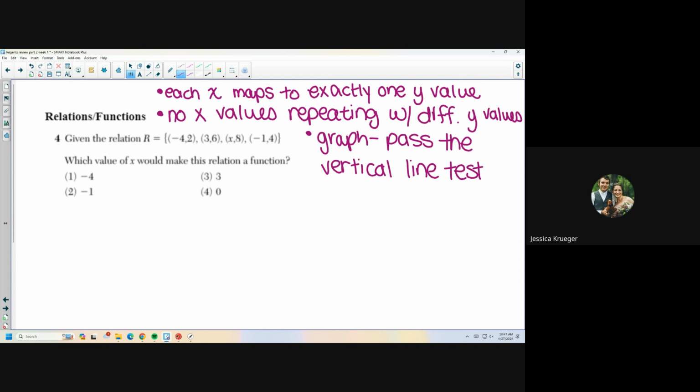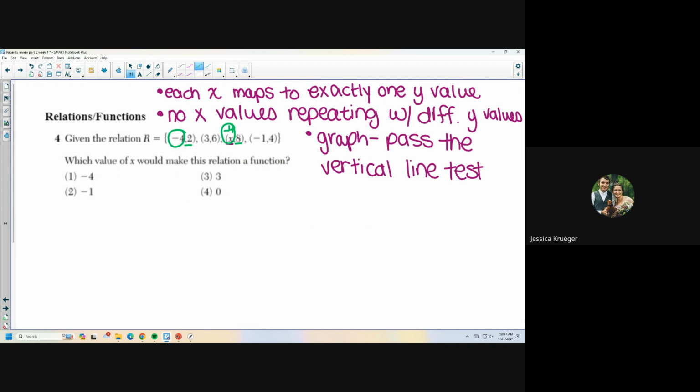So let's take a look at number 4. Given the relation R, which value of x would make this relation a function? If I were to replace x with answer choice 1, -4, I would have an x value that is repeating with different y values.